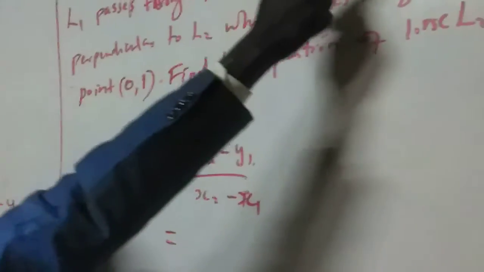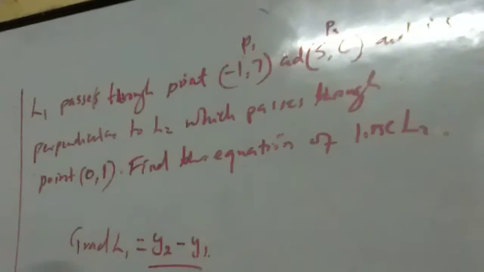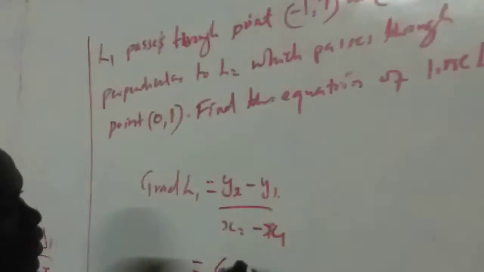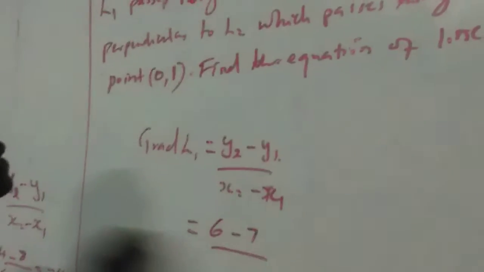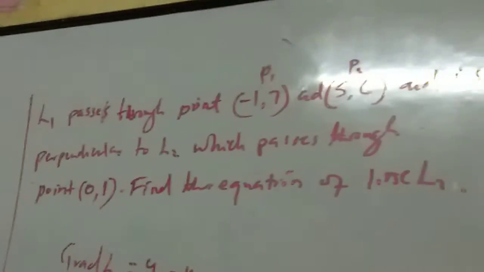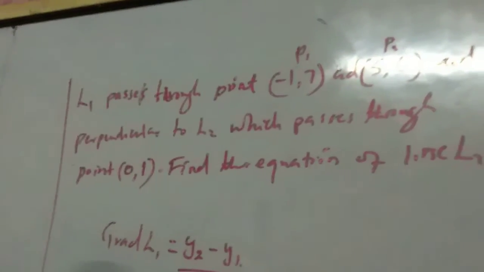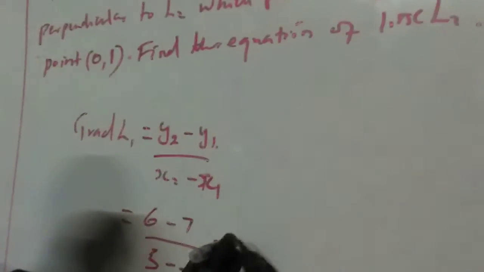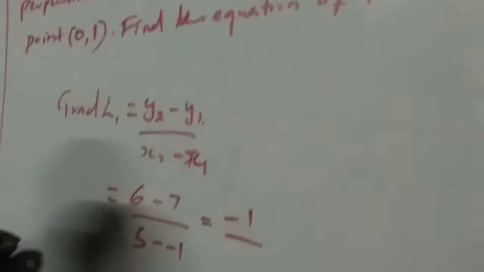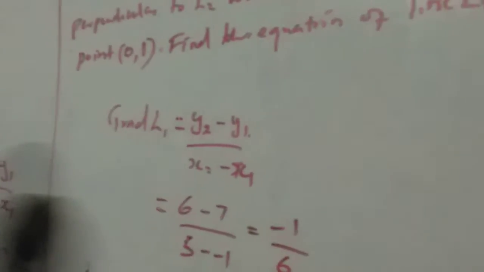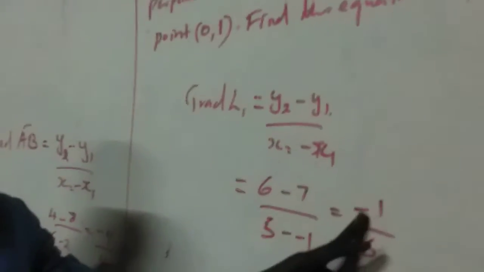If that is our point P2, then this is the value for y2, that is 6 minus 7 over 5 minus negative 1, which is negative 1 over 6. So the gradient of L1 is negative 1 over 6.